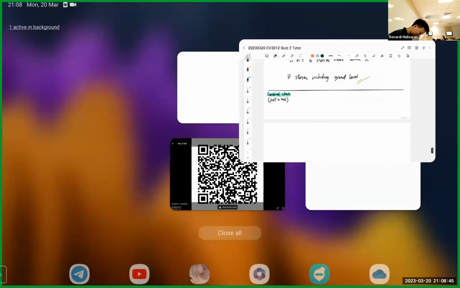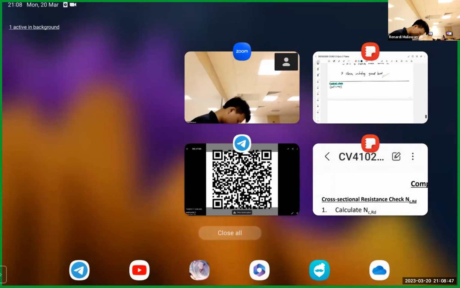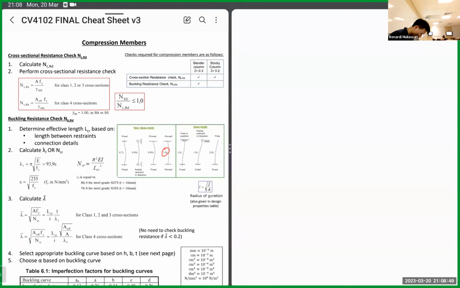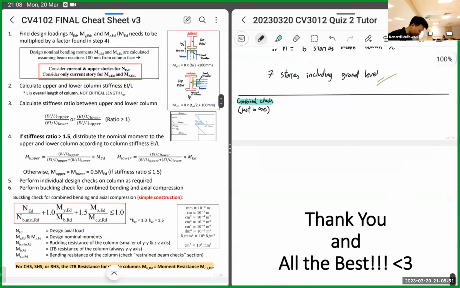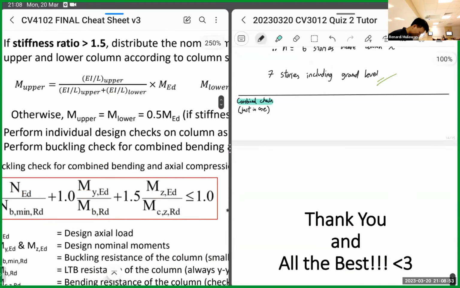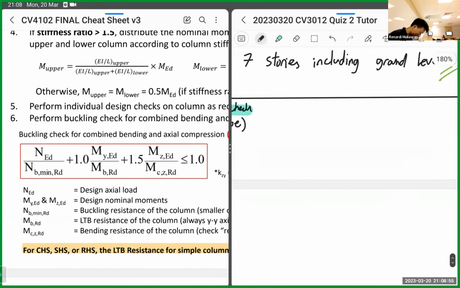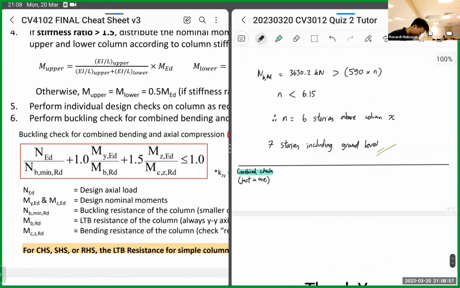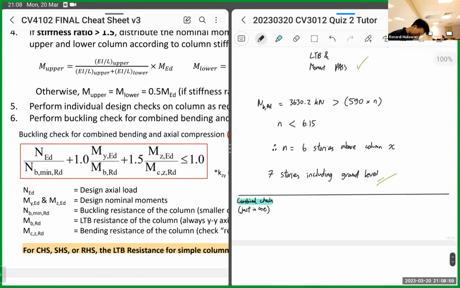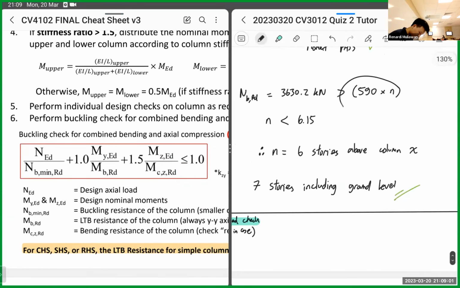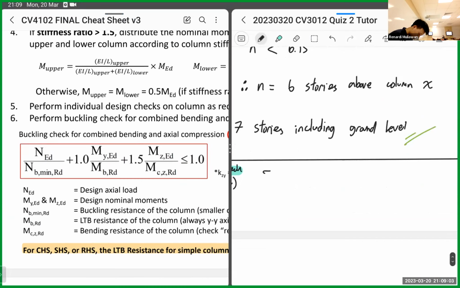So let me see. Okay, so for combine check, for simple construction is this. So it's NED divided by that thing. NED just now is what? It's 590 times N. So 590 times 6, right?